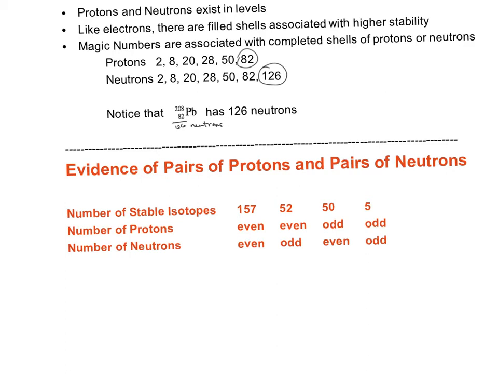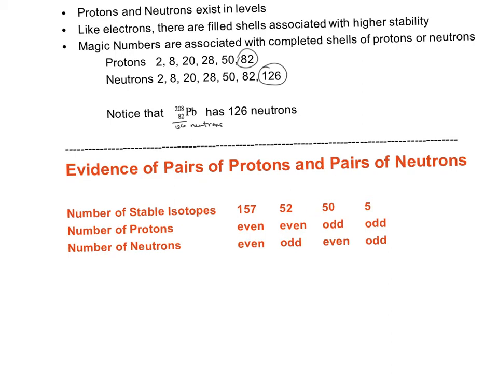Okay, then number 3 on the list of determining stability, or radioactivity. This is an interesting table. If you look in your book, the numbers might be a little bit different, but that part doesn't matter. But here's how you interpret this table. There are 157 stable isotopes that have an even number of protons and an even number of neutrons. There are 52 stable isotopes with an even number of protons and an odd number of neutrons.